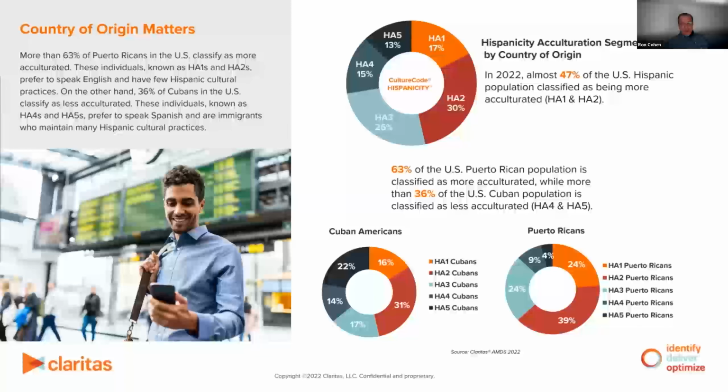You can see only about 13% of Puerto Ricans are in the less acculturated segments, but more than a third of the Cubans are in the less acculturated segments. Likewise with the red and blue, more than 60% of Puerto Ricans are in the most acculturated segments, and less than half of the Cuban Americans are. This is nationally. We can look at these metrics locally as well, market by market. There's some interesting differences.